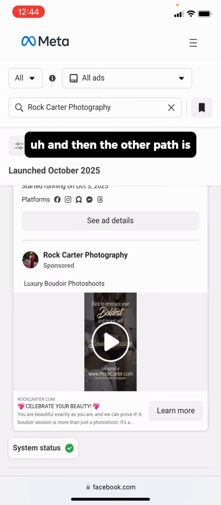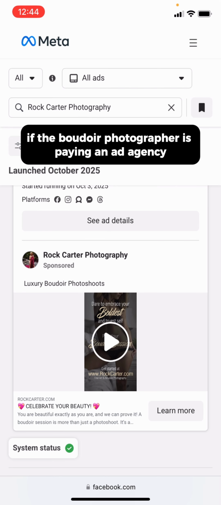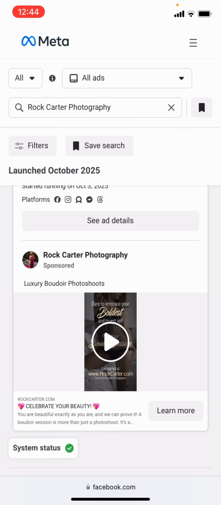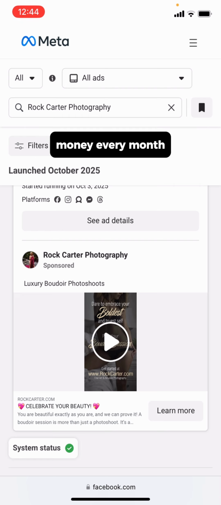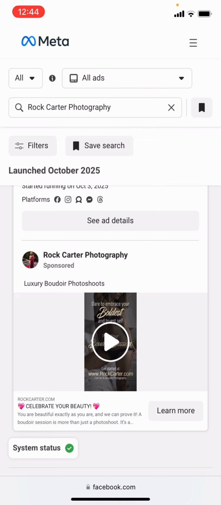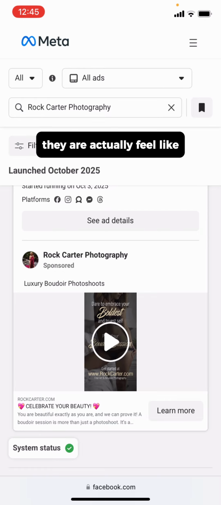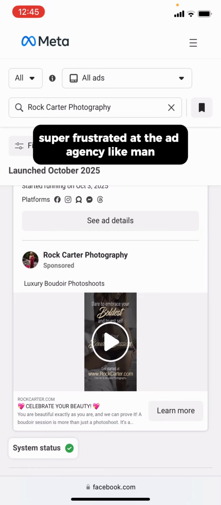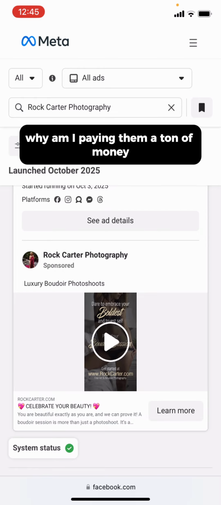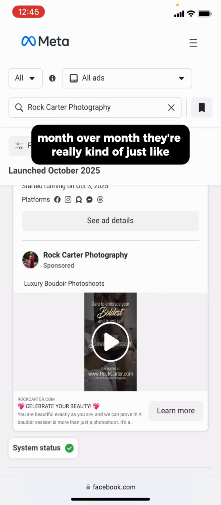And then the other path is if the boudoir photographer is paying an ad agency to actually do all this stuff, paying them a ton of money every month, and then same ad spend every month and getting worse and worse results. They actually feel super frustrated at the ad agency. Like, man, why am I paying them a ton of money to get worse and worse results month over month?